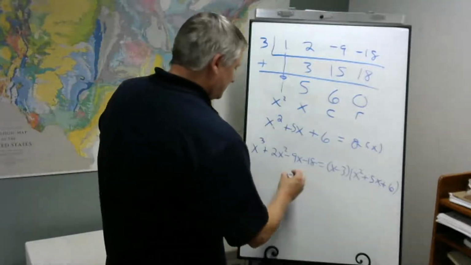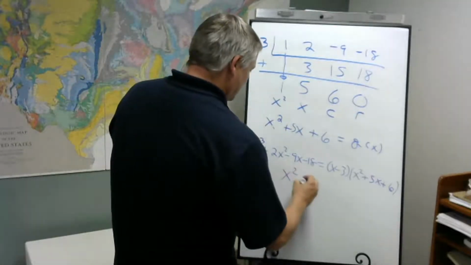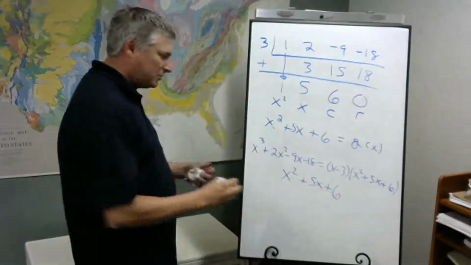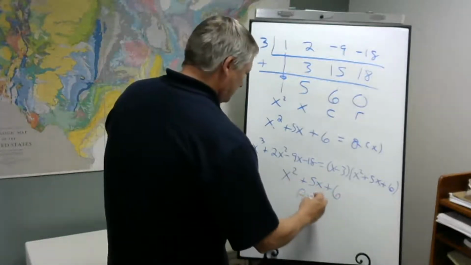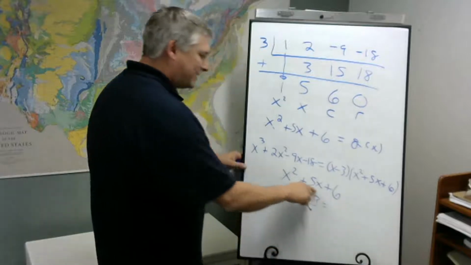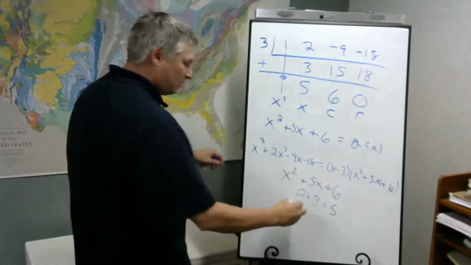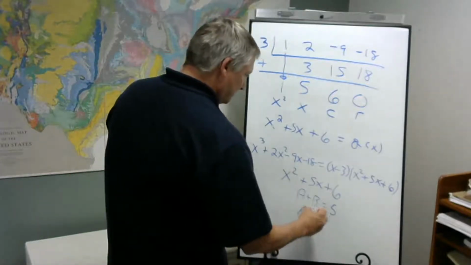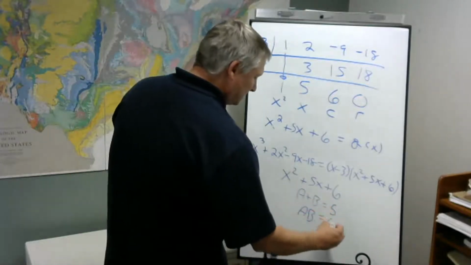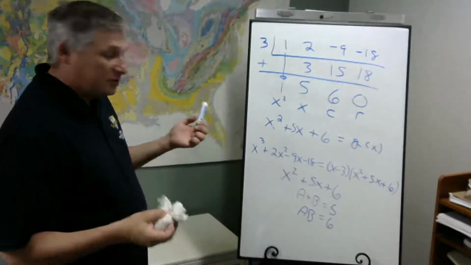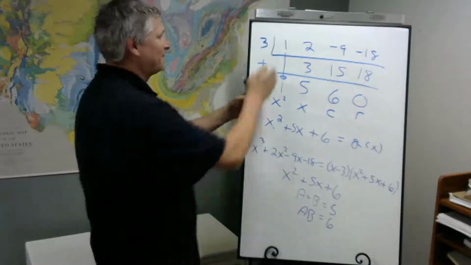So just to review the guess and check, we need two numbers, a and b, that add up to the coefficient of x, in this case 5, and multiply to the constant term, 6. And what two numbers? Well, 2 and 3.